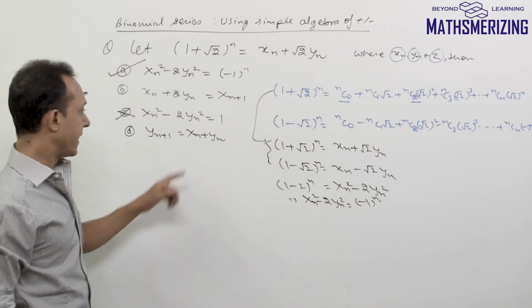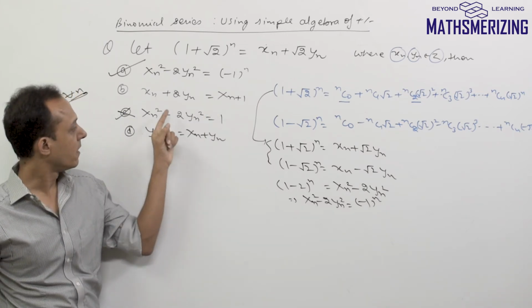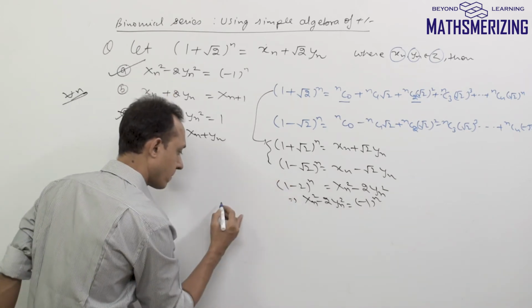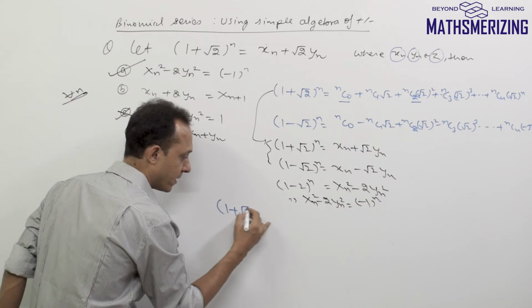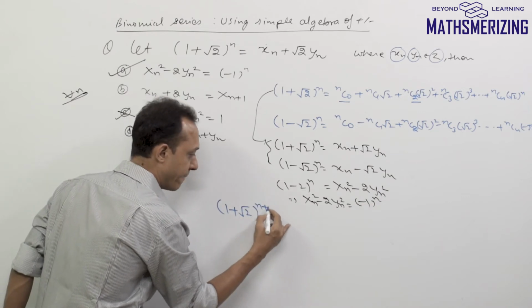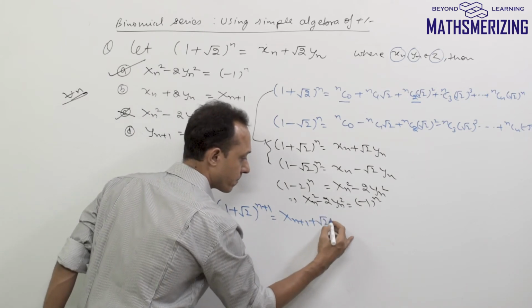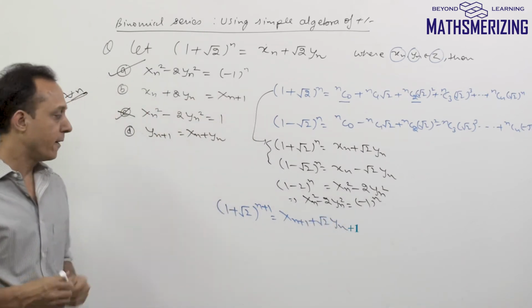Now, what about these results? xn+1 and yn+1. What I know is, if I have to write (1 + √2)^(n+1), it will be xn+1 + √2 yn+1.